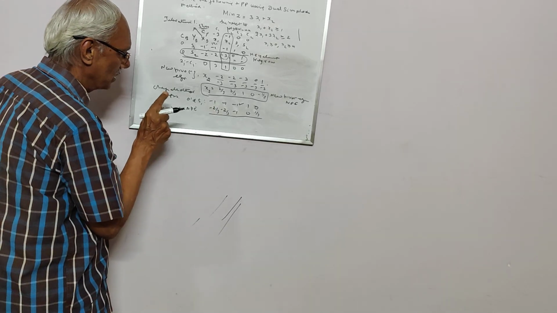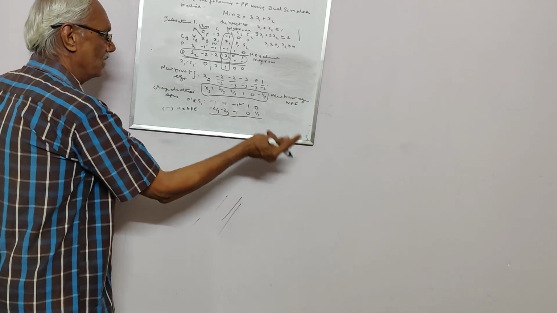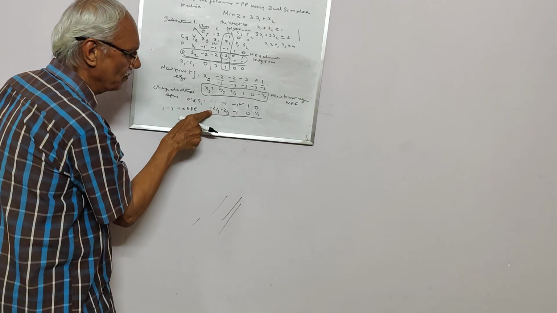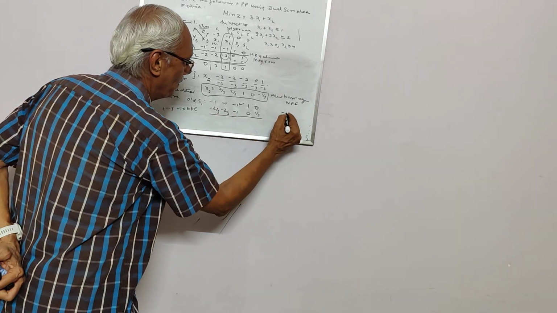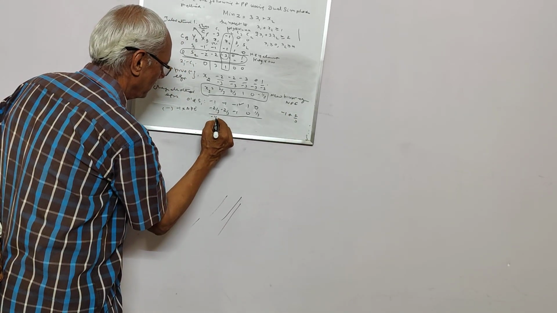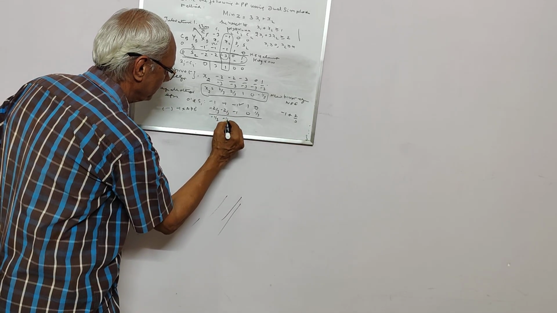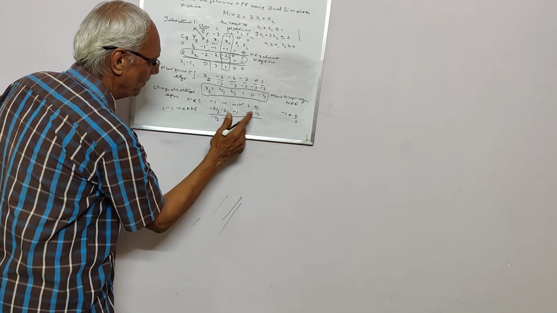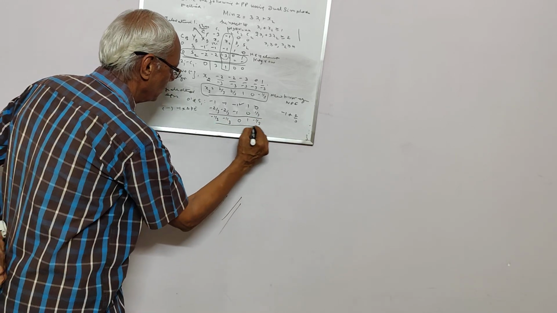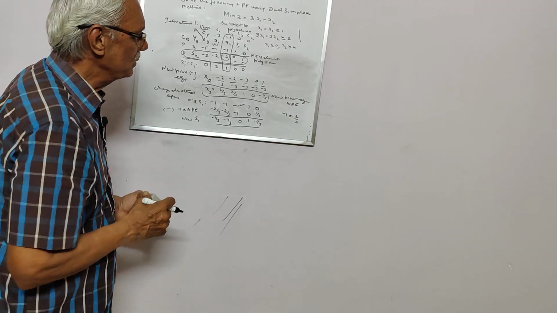See, when you subtract, this will become plus. So minus 1 becomes minus 1 plus 2 by 3, so minus 1 by 3. Then here again it is minus 1 by 3. This minus 1 will change to 0, 1, minus 1 by 3. So this is your new S1.